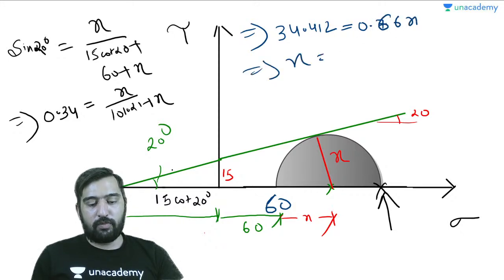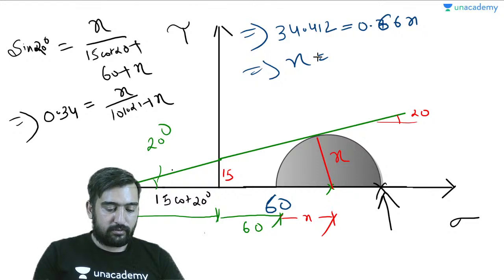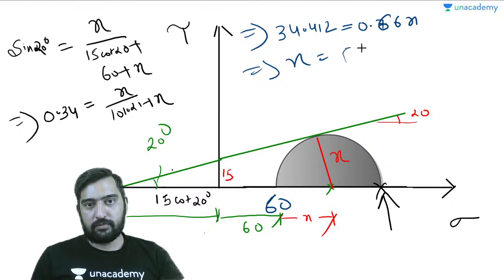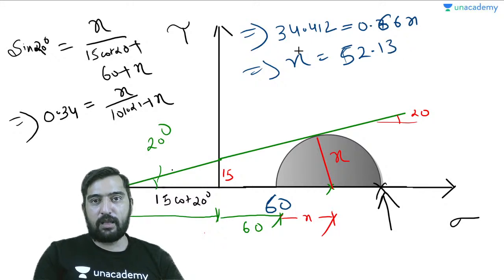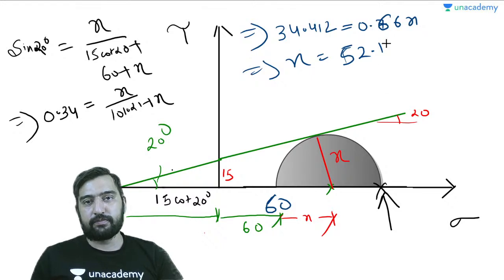So x is going to be 52.13. So nearly, let's keep it 52.14.